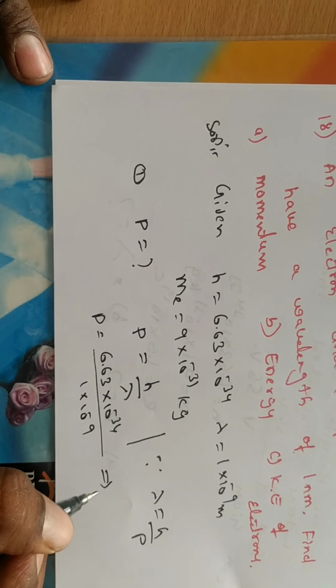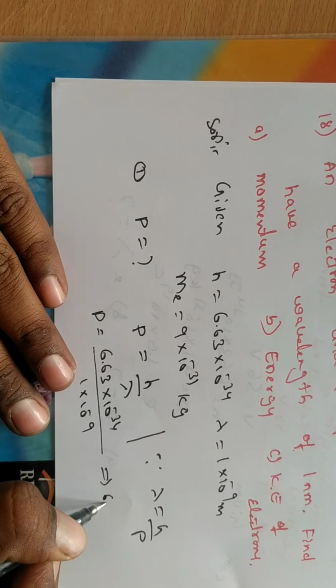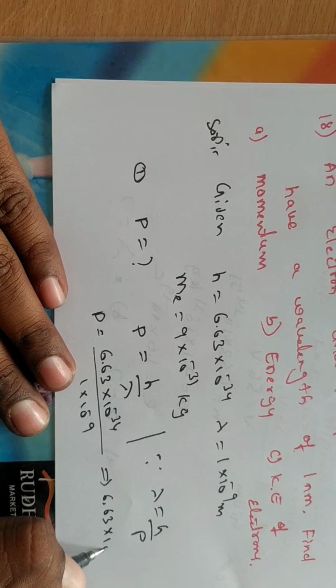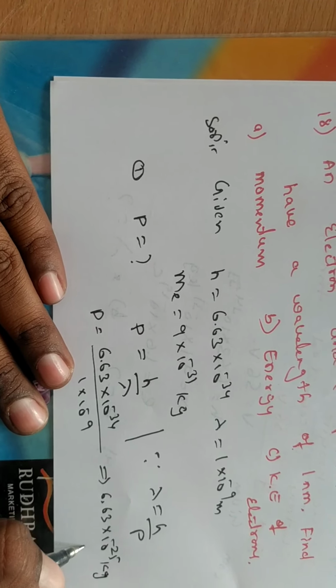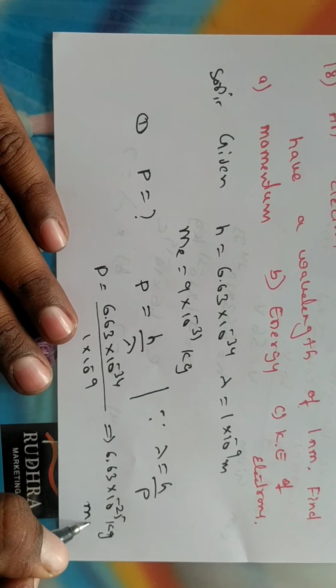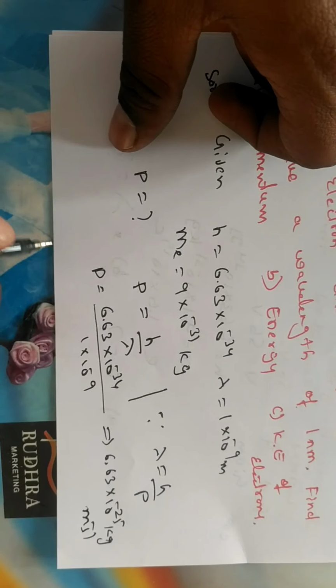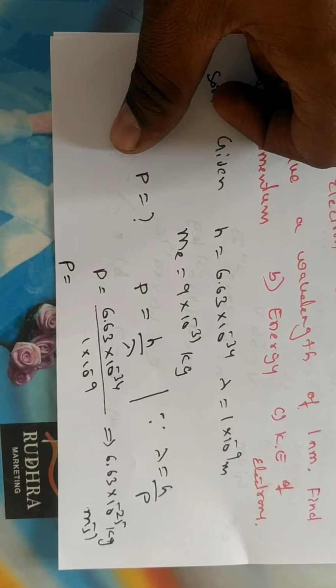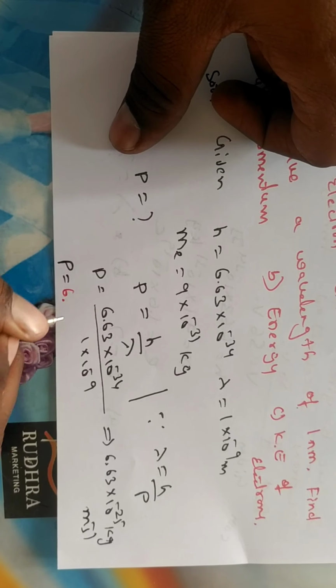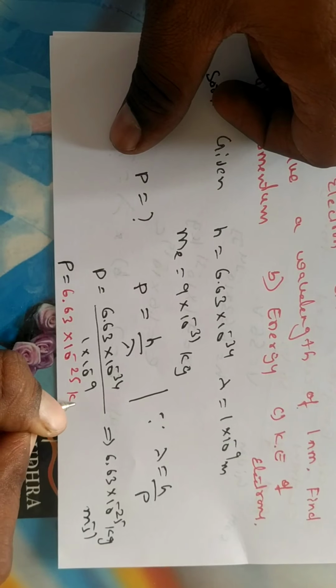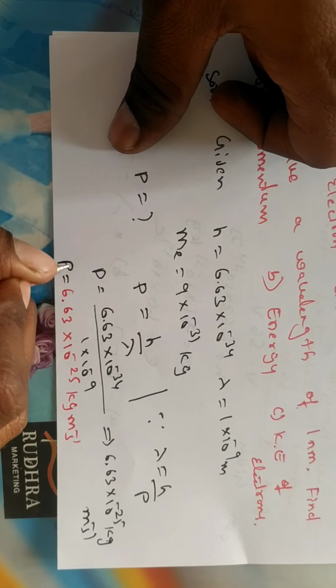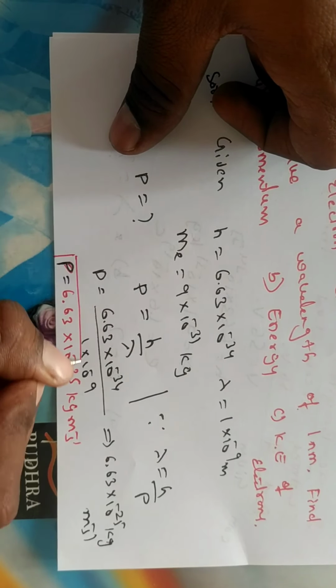Its answer, P is equal to 6.63 into 10 to the power of minus 25 kg meter per second. This one is the momentum. First one over.